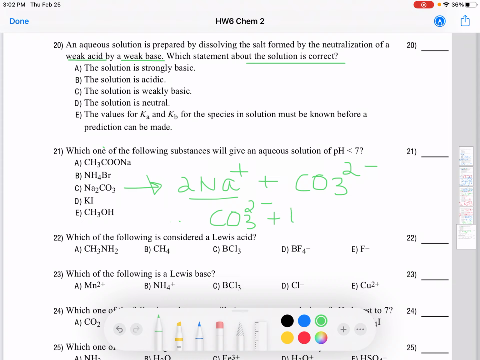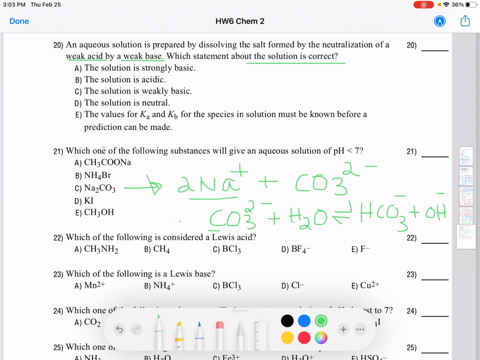So carbonate can react with water because it acts as a weak base. Carbonate will take a proton from water, a Bronsted-Lowry base, to give you the bicarbonate anion plus hydroxide ion. If a water molecule loses a proton, that would be OH minus.